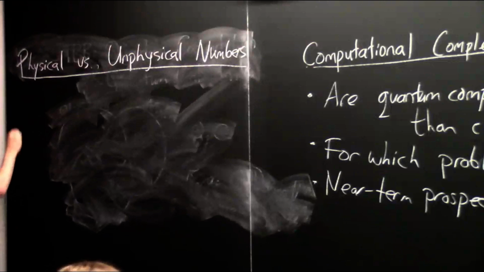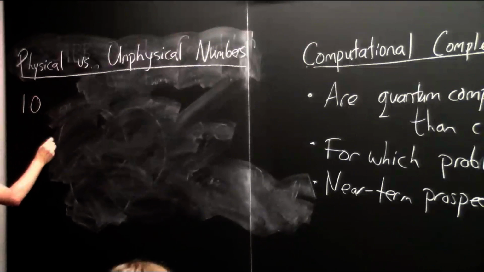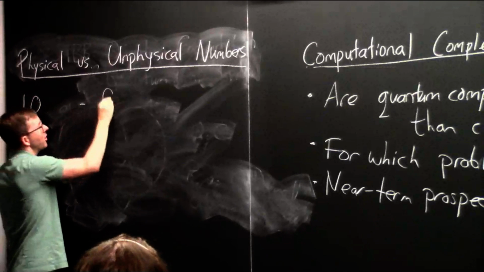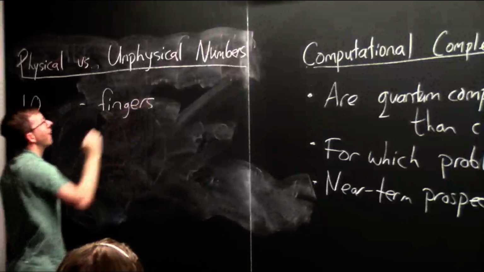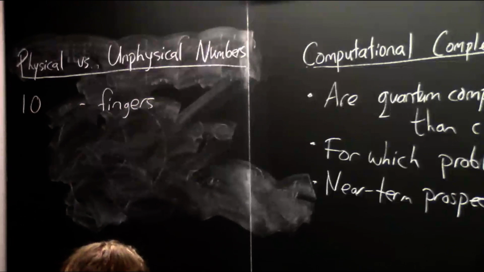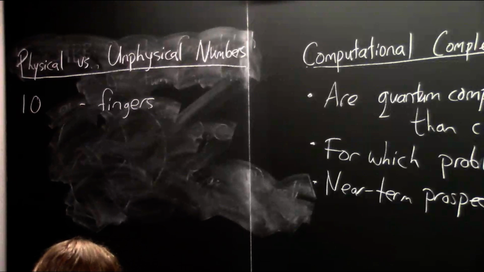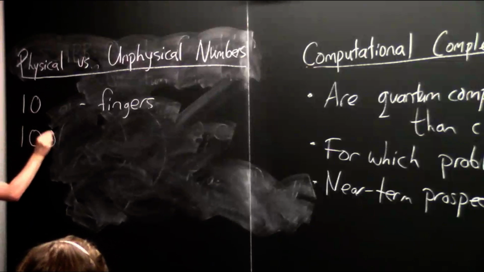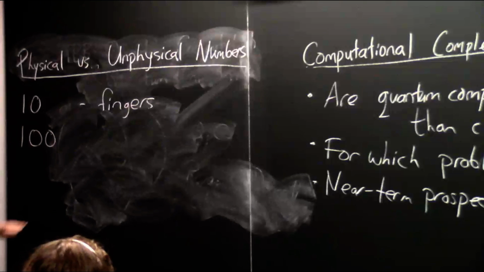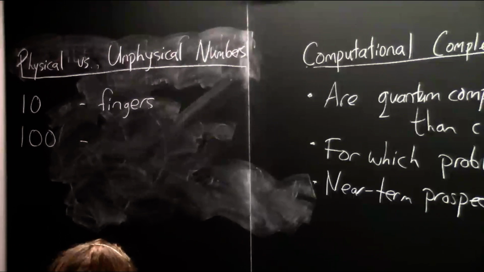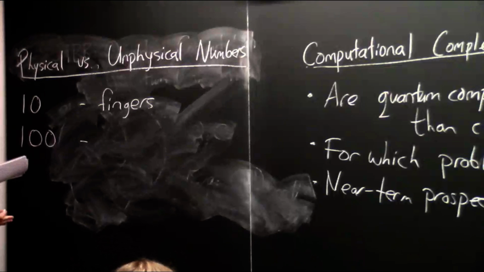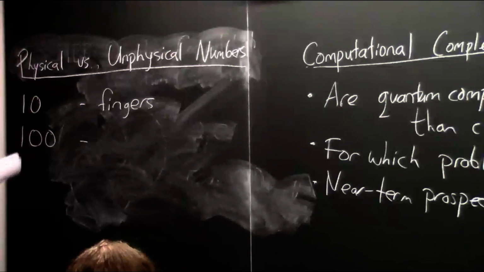So for example, 10 is a popular number. It counts the number of fingers you have on your hands, typically. Okay. Great, so that's 10. 100 is another popular number. So 100 is 10 times 10. If you build a wall in Minecraft that's 10 blocks wide and 10 blocks high, then you need 100 blocks.